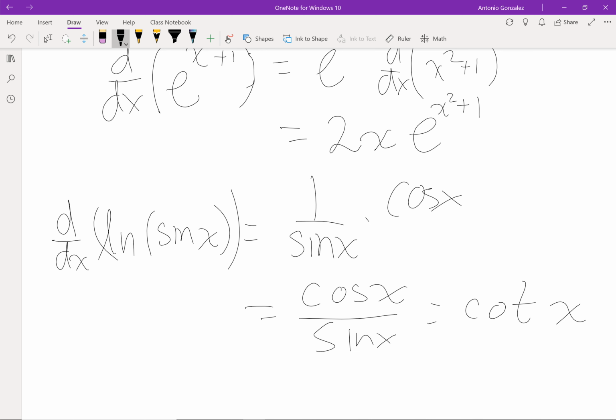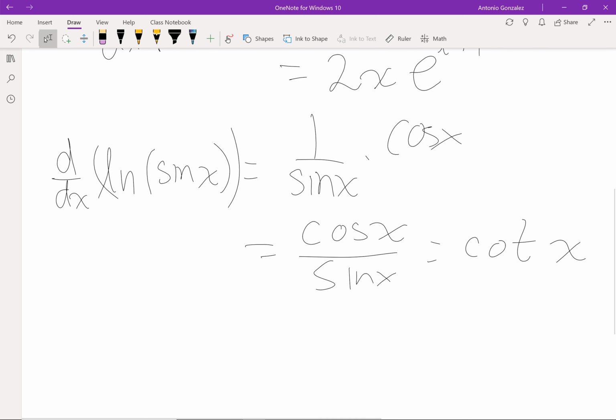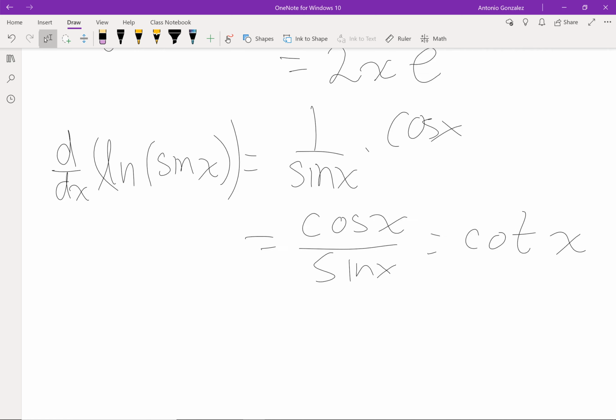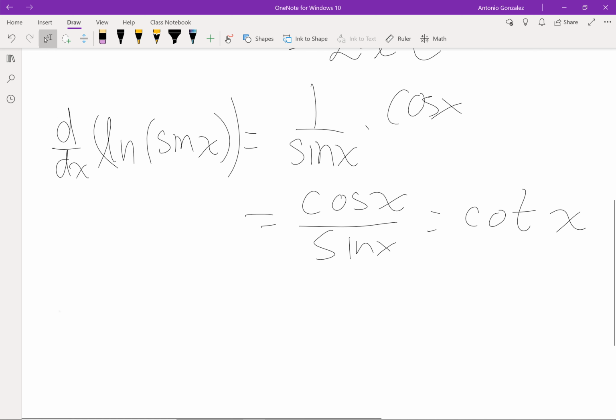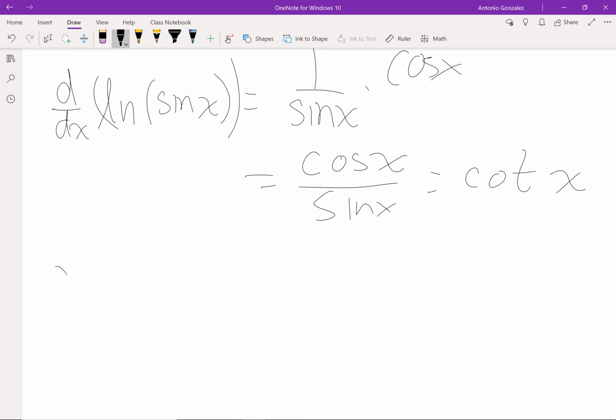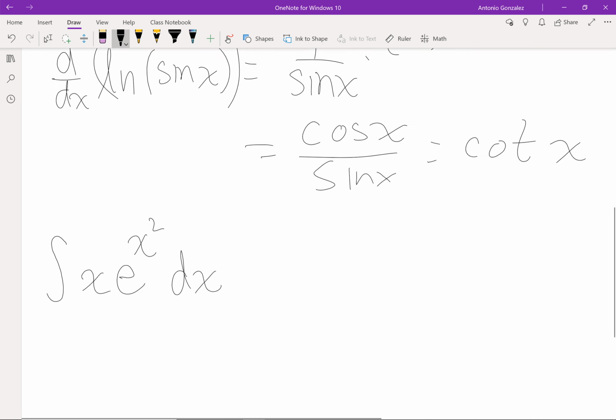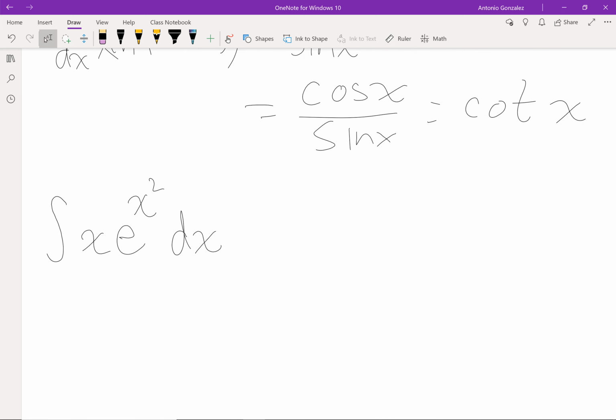Now the integrals. So far, I think the only technique at this point covered in Math 1 was substitution. And in the next chapter we'll learn a bunch of other techniques to integrate. But for now, let's say that our goal here was to evaluate something like this.